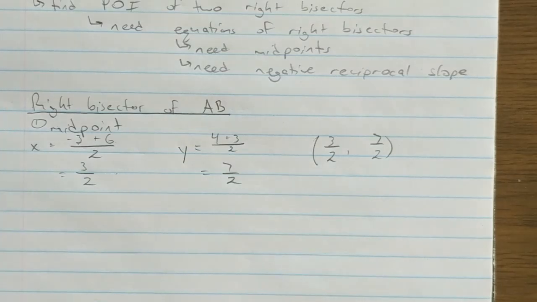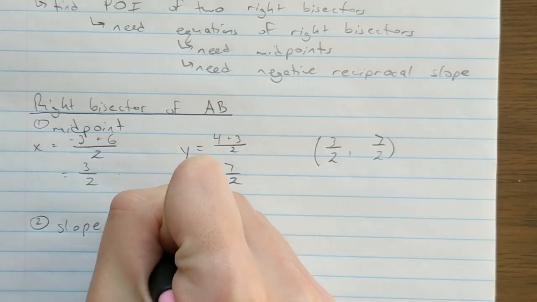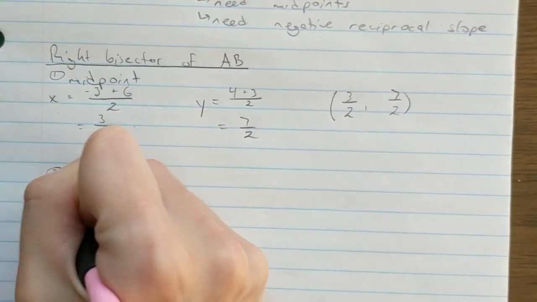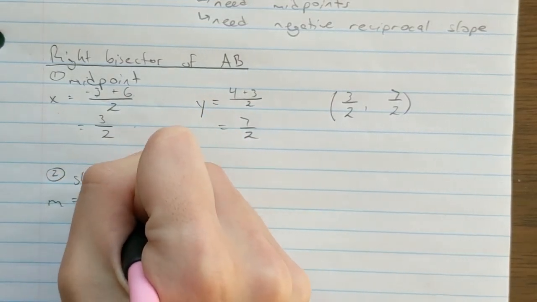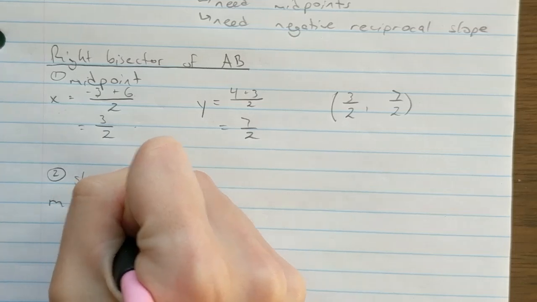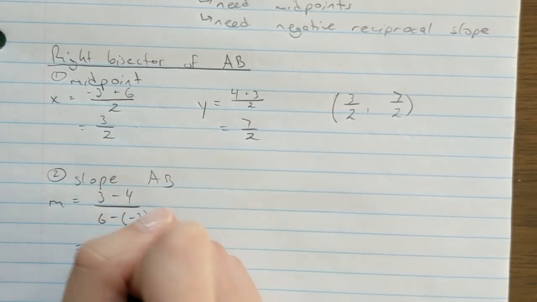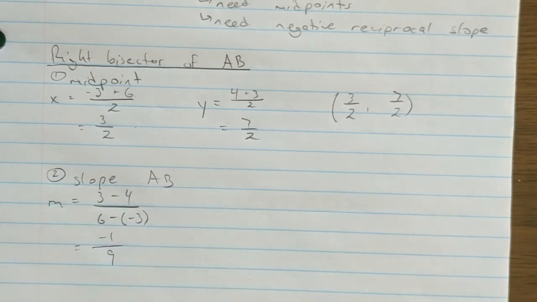I also need to find the slope of the line AB. I'm going to use my slope formula. M is equal to 3 minus 4 all over 6 minus negative 3. 3 minus 4 is negative 1. 6 minus negative 3 is just 9. So my slope is going to be negative 1 over 9. But recall, we are looking for our negative reciprocal slope.